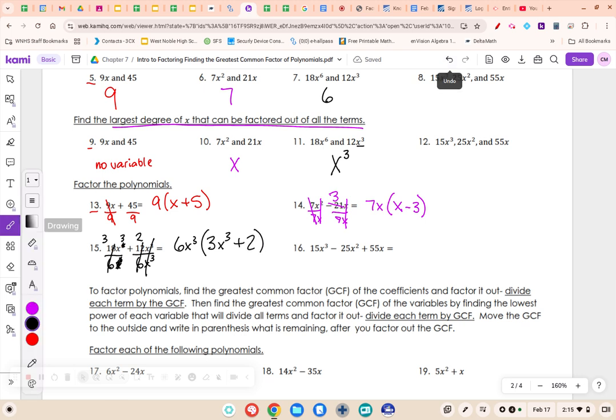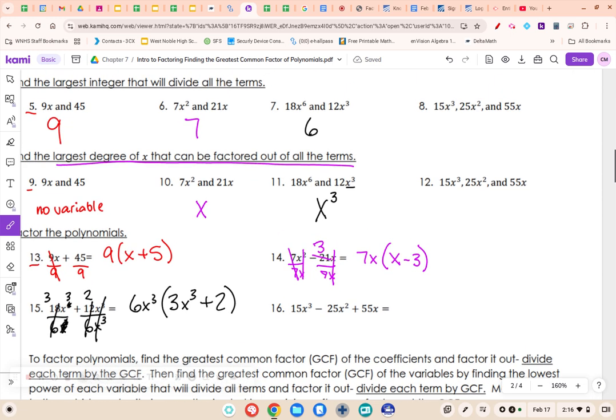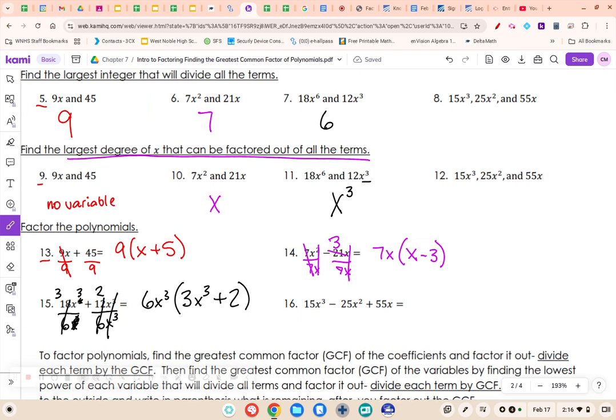Once again, you can distribute through to check your work to make sure you get back to the original. Okay, last one. We actually have 3 terms, so we need to find the GCF between all 3 of these. So numbers-wise, we're looking at 15, 25, and 55.